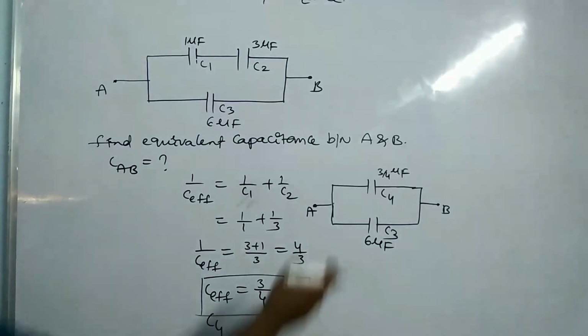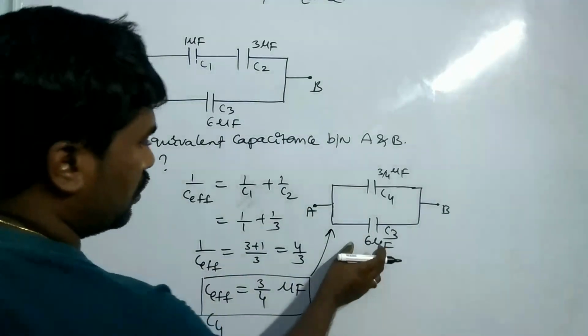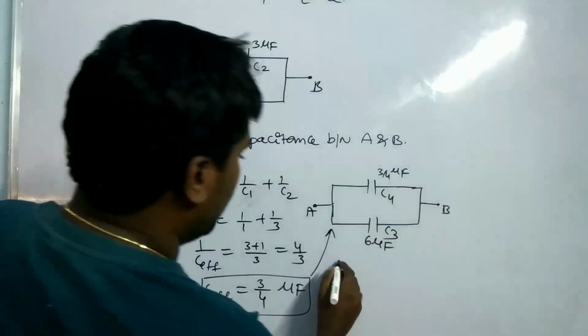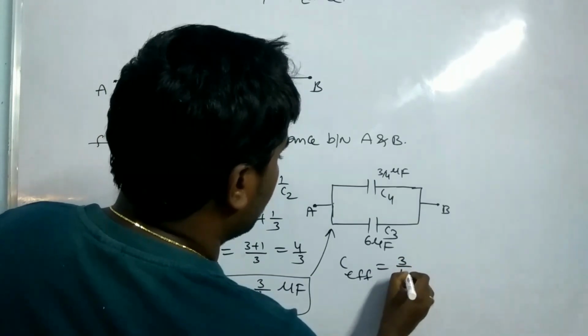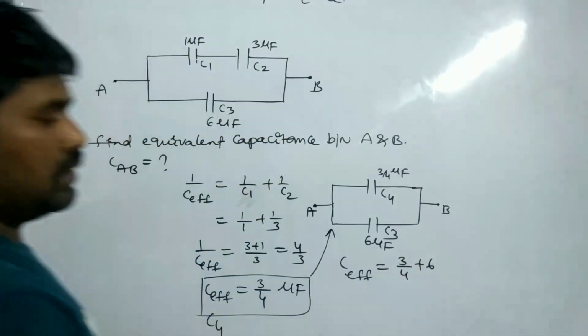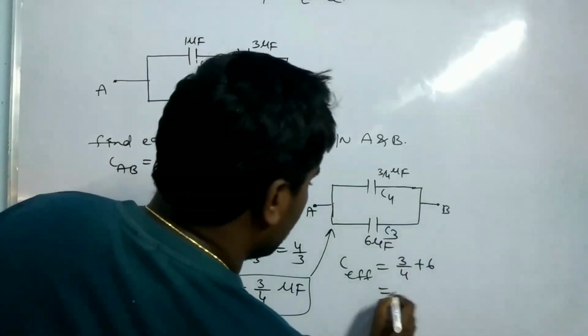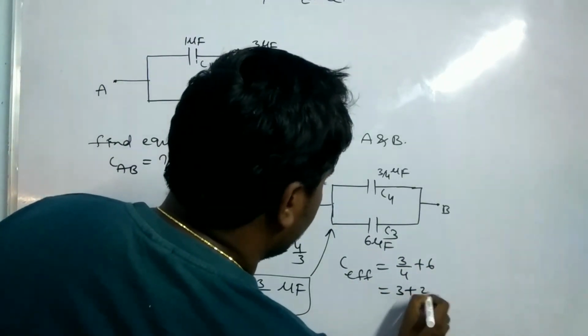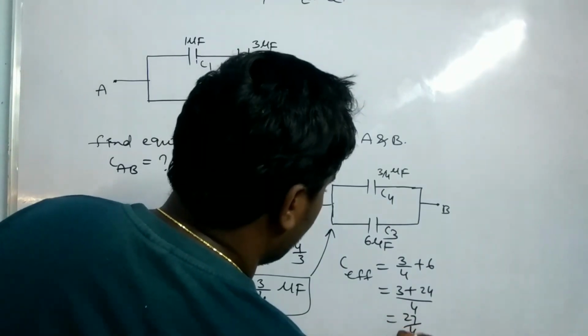These two are in parallel combination. In the parallel combination you have to find the effective capacitance: 3 by 4 plus 6, that is C1 plus C2. So it is equal to (3 plus 24) by 4, which is 27 by 4.